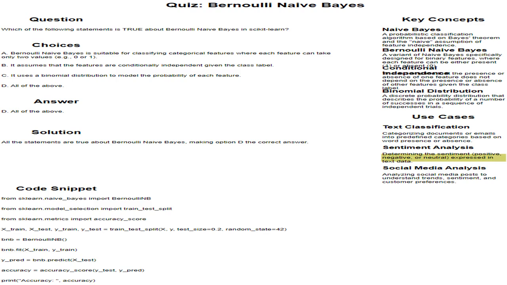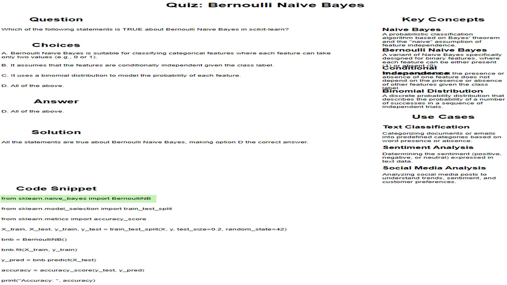Analyzing social media posts to gauge public opinion about a new product based on the sentiment expressed in the posts. Social media analysis. Analyzing social media posts to understand trends, sentiment, and customer preferences, tracking the popularity of certain hashtags or identifying emerging trends in social media.